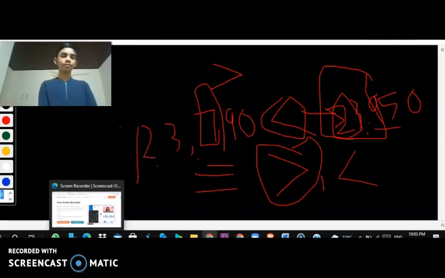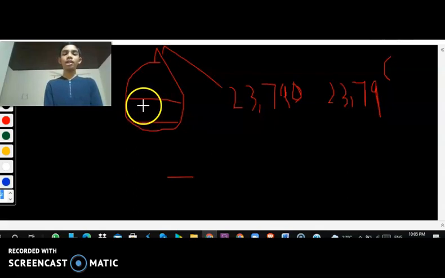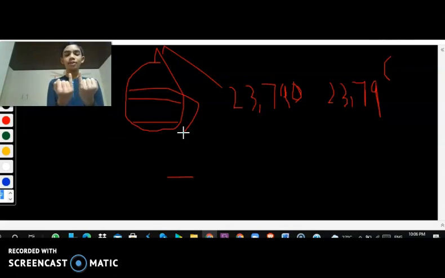Another symbol used in comparing numbers is the equal sign. To represent equal numbers, we use this equal sign. For example, these two fingers are equal with each other. There are no differences. This is not greater, this is not smaller.